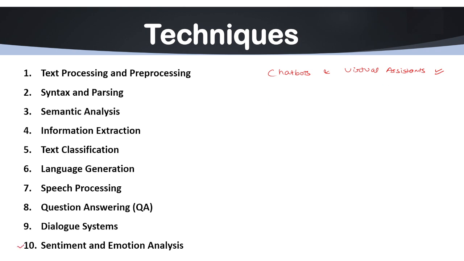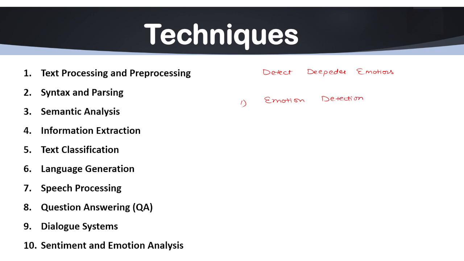The third point we have is sentiment and emotion analysis. So basically students, it goes beyond the basic sentiment to detect deeper emotions. Clear? And to detect these deeper emotions, we have basically two techniques under this. The first one is emotion detection.